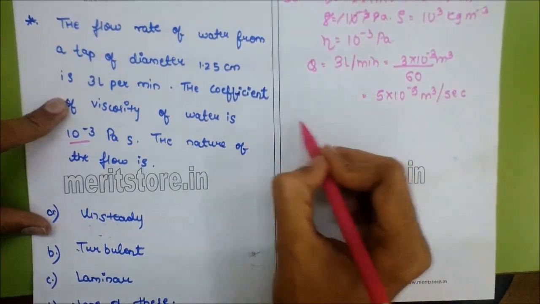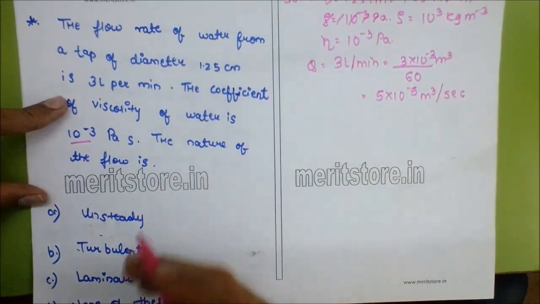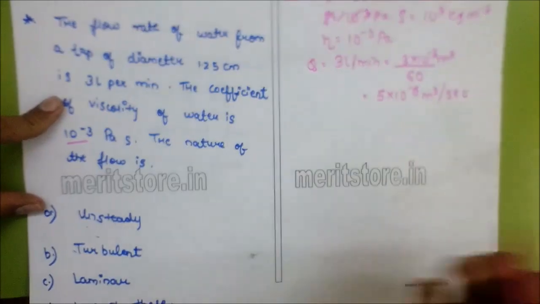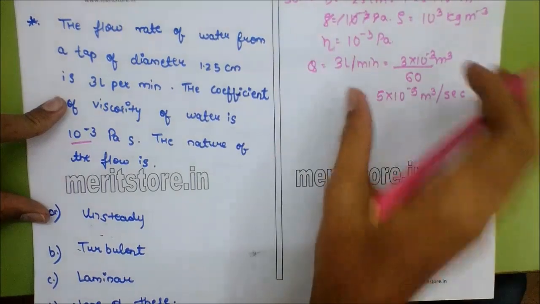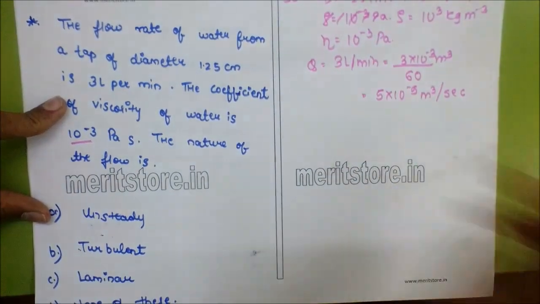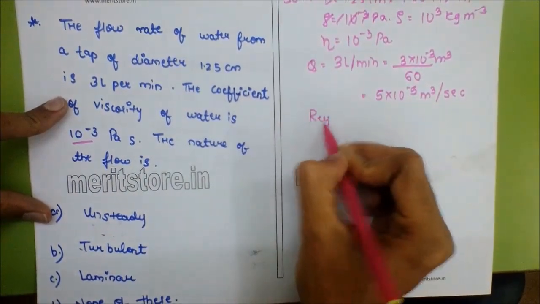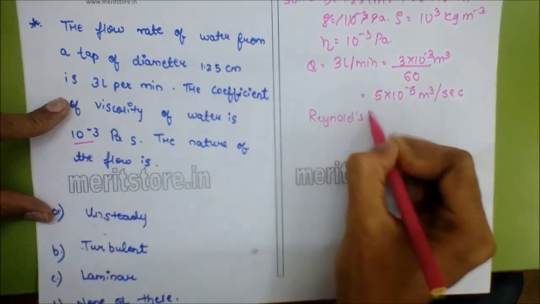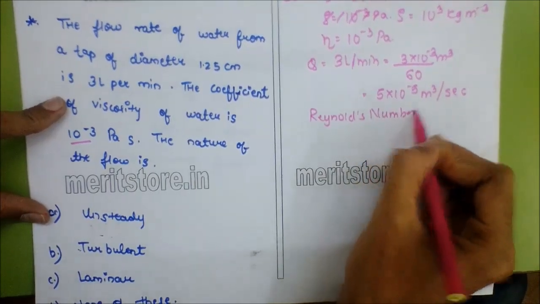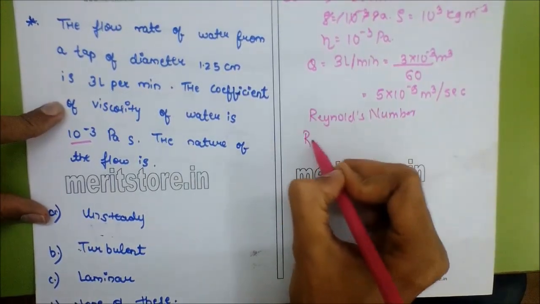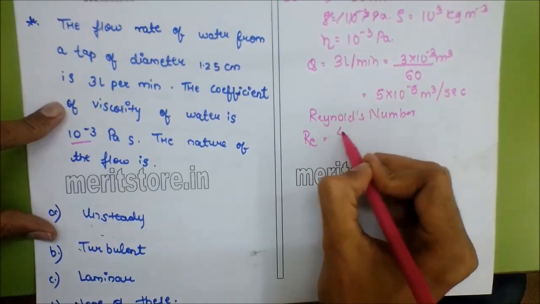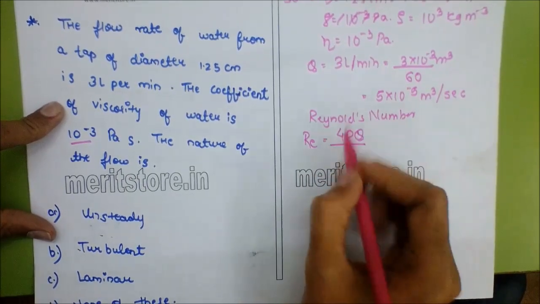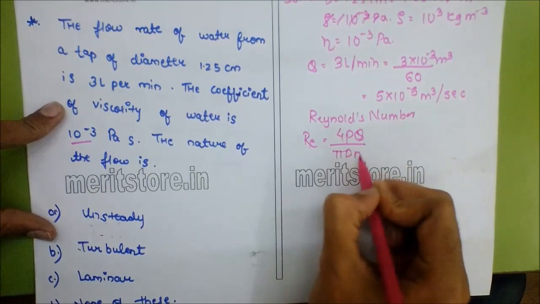Now in order to determine whether it is turbulent, unsteady or laminar or none of these, we will compare the value we get with the Reynolds number. In order to find the Reynolds number, we have been given the equation. Reynolds number, Re, is 4 rho Q upon pi d eta.